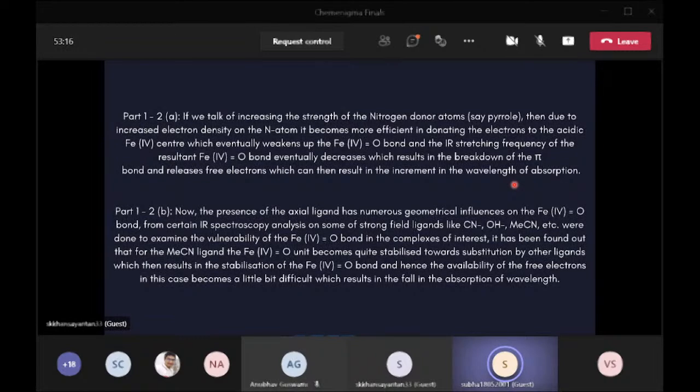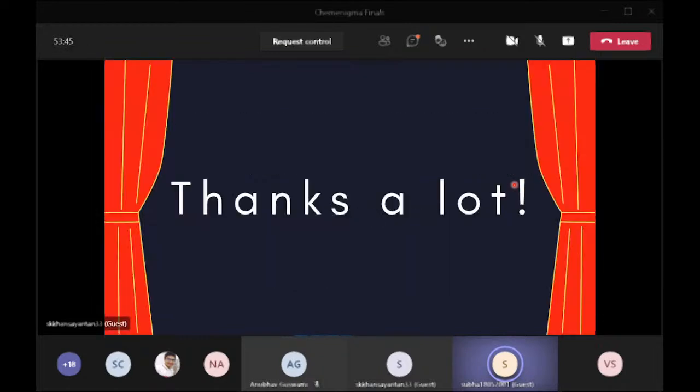So we can say that in case of the axial ligands, due to some geometric influences found during the spectroscopy analysis, the Fe-O unit becomes a little bit stable, and the bond doesn't tend to break so easily, and hence results in the fall of the absorption wavelength. So this was all about question 2.